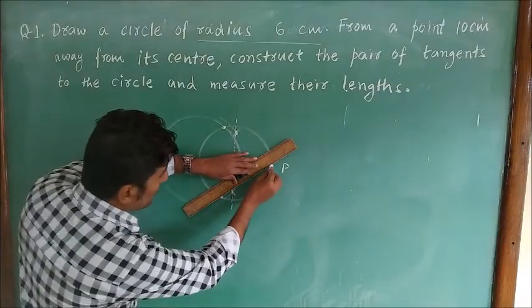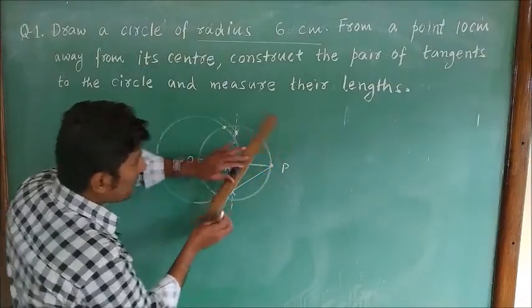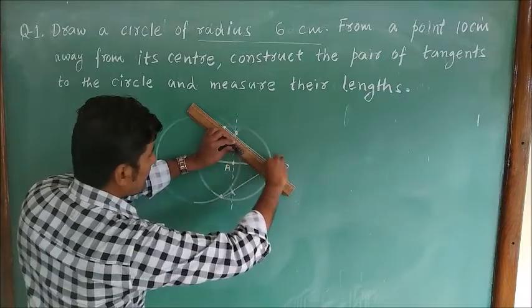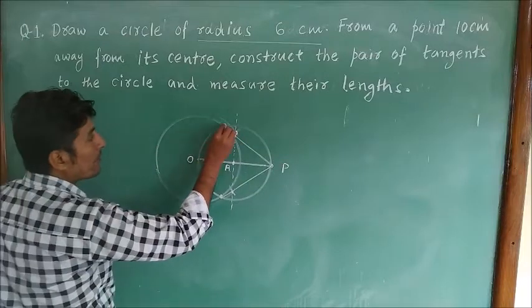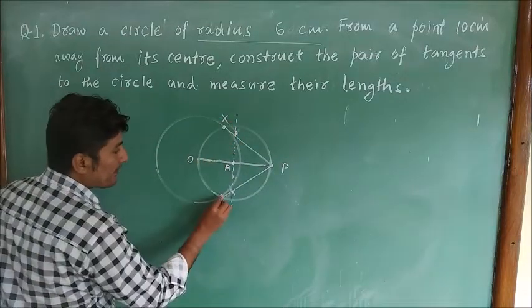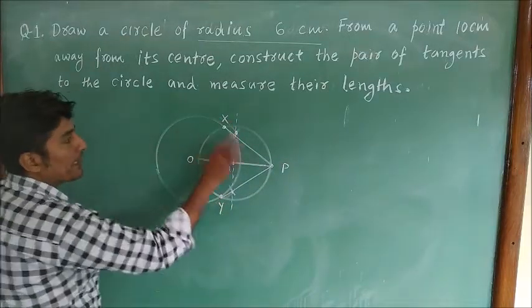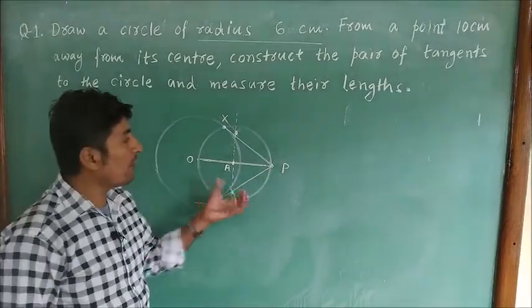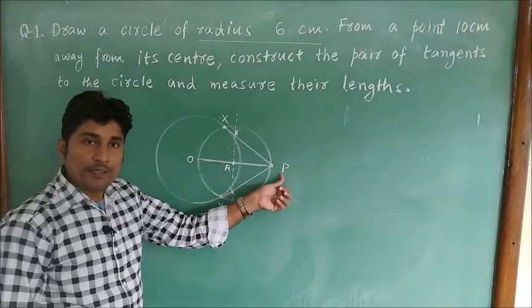So we have to join these 2 points. This is the first tangent and this is the second tangent. Suppose the name of this point I have taken as X, and this point as Y. So XP and YP are 2 tangents which are drawn from the external point P.